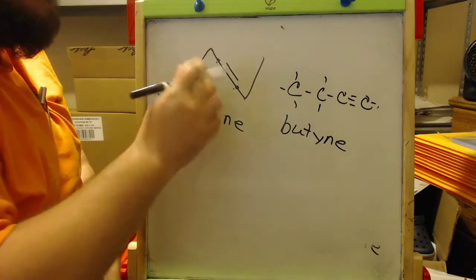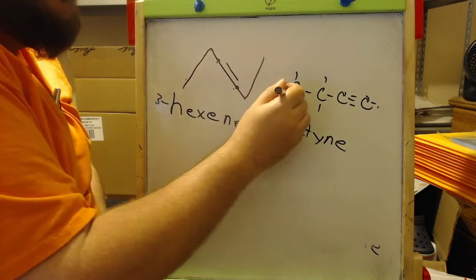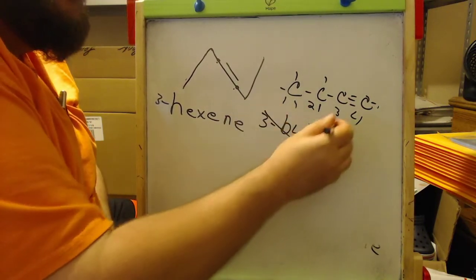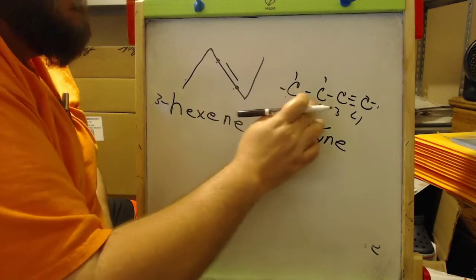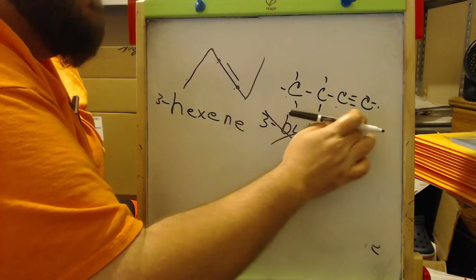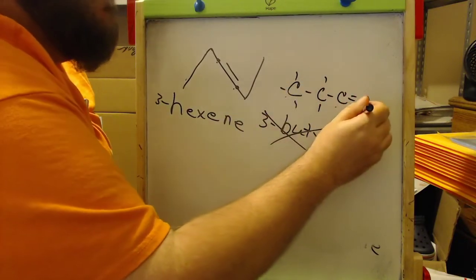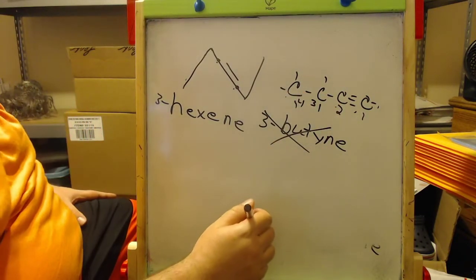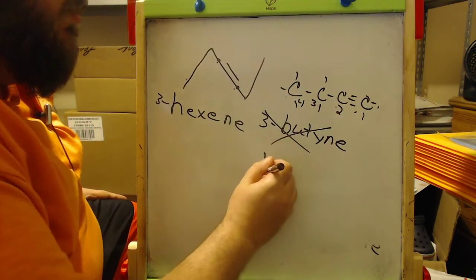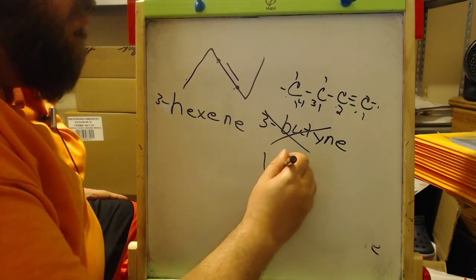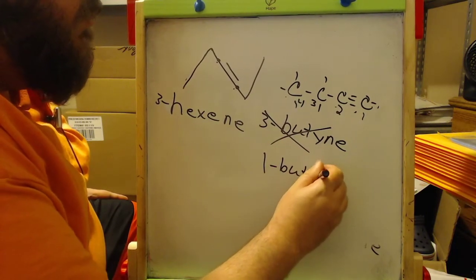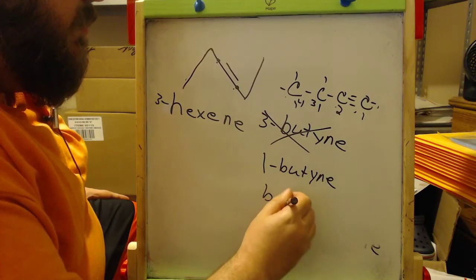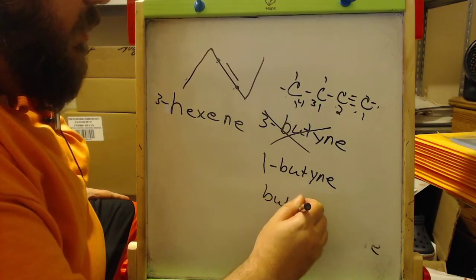And what students want to do is, we're used to reading left to right, say that this is 1, 2, 3, 4, and this is 3-butyne. That's wrong. The numbering has to go from right to left. 1, 2, 3, 4. And this would actually be 1-butyne, or the new way of naming it, buta-1-yne.